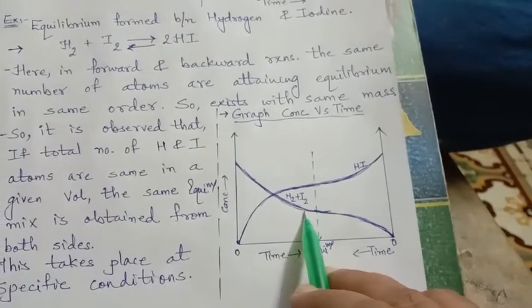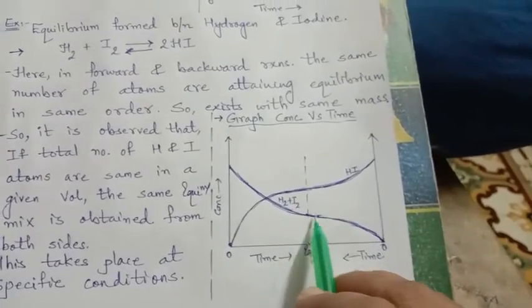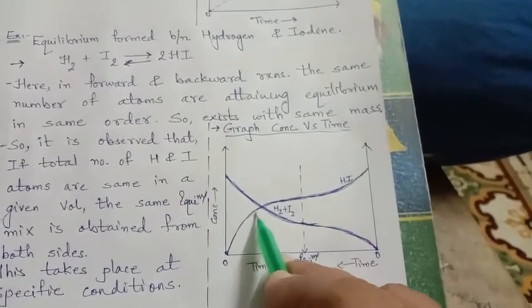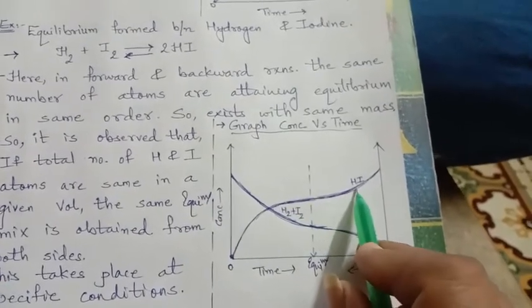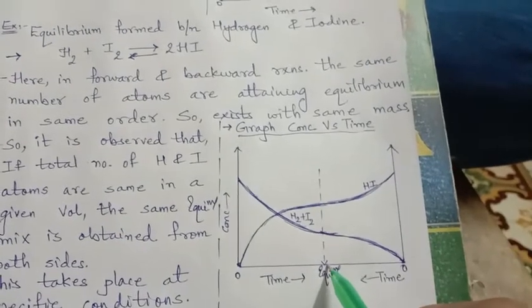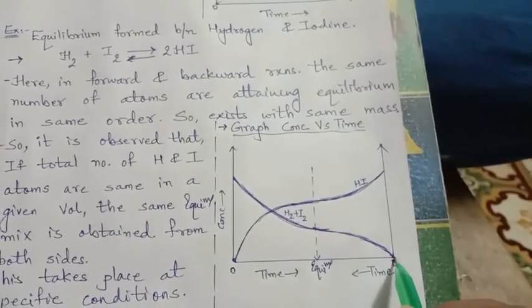And here they show a little parallelism, not exact, but a little. In the same way, when the increase in the product starts, it also shows a little parallelism, and this is termed the equilibrium point.